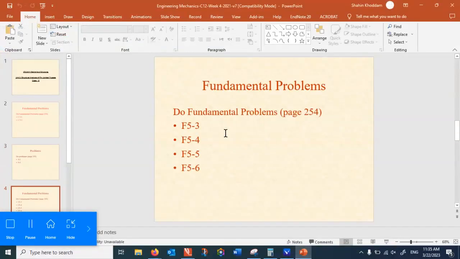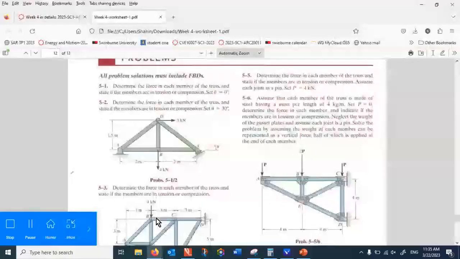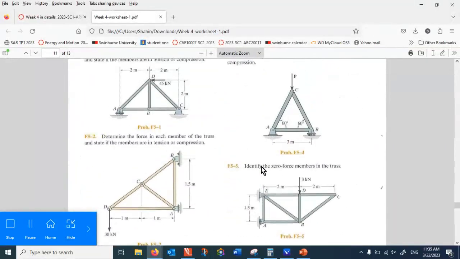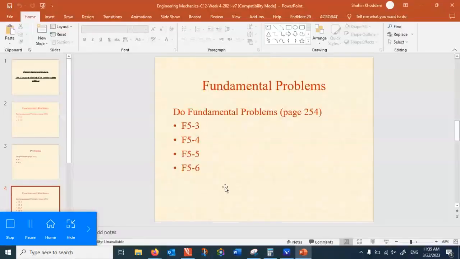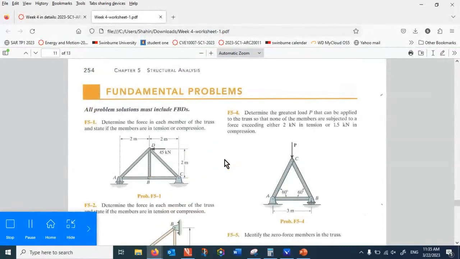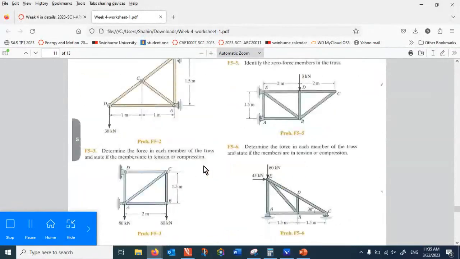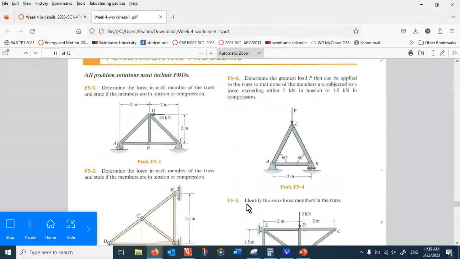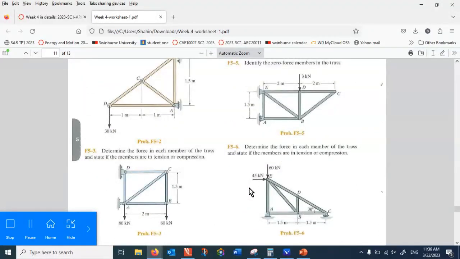All right, let's go to page 254. And here, I think we already did some of these. 3, 4, 5, 6. 3, 4 we already did. 6, yeah, let's do 6.